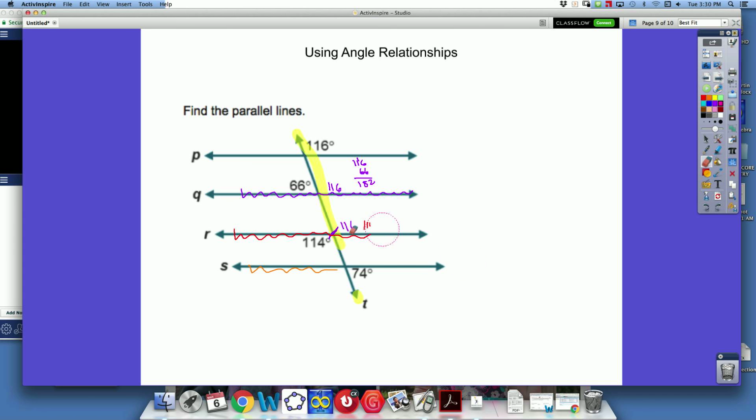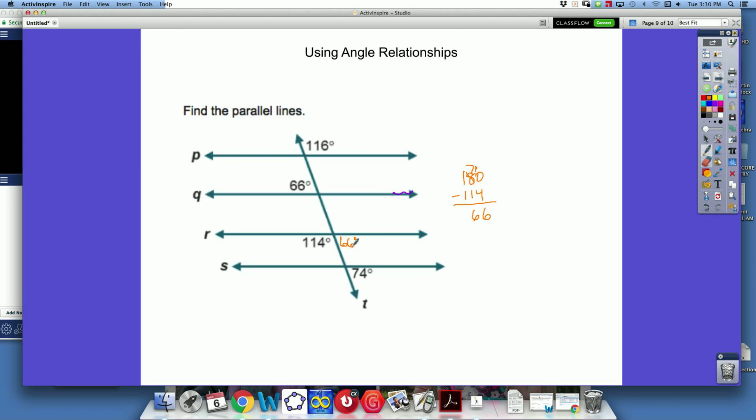Let's compare though. Maybe that one isn't the same as these others. So let's look at 114. Let's see what 114 pairs with to make 180. If I do 180 minus 114, that gives me 66.